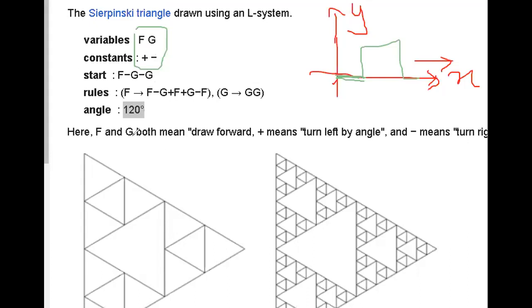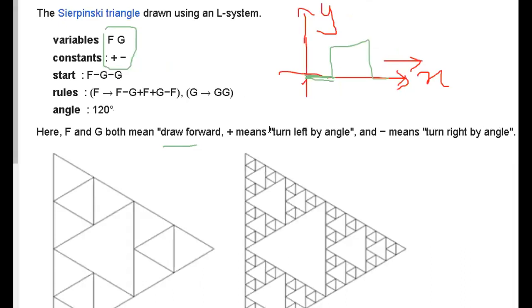If you define F and G in this way, F and G both mean draw forward. Plus means turn left by this angle, 120 degrees, and minus means turn right by this angle.